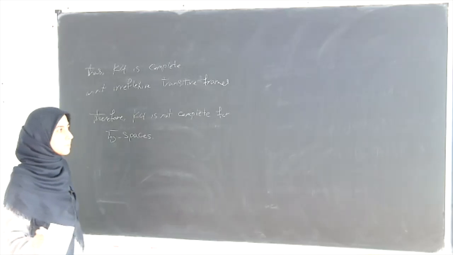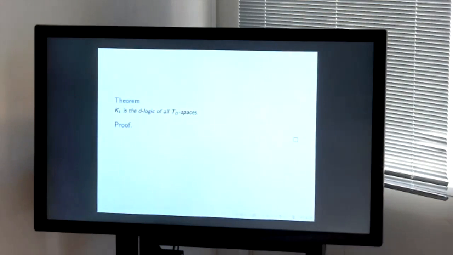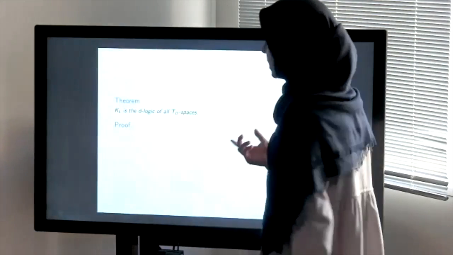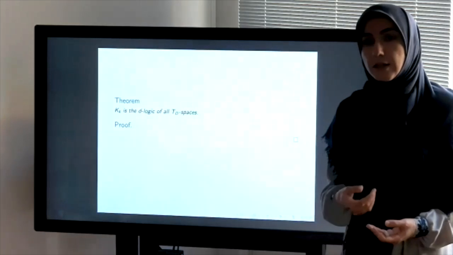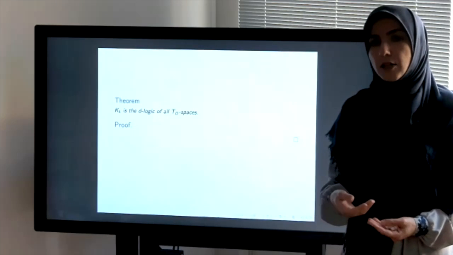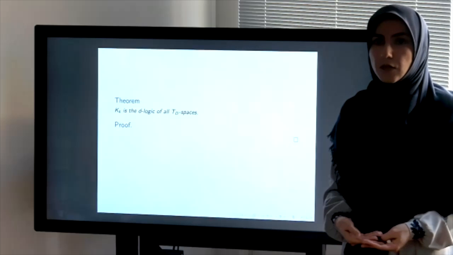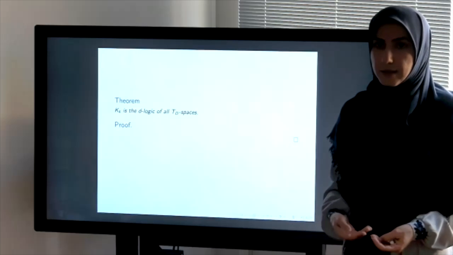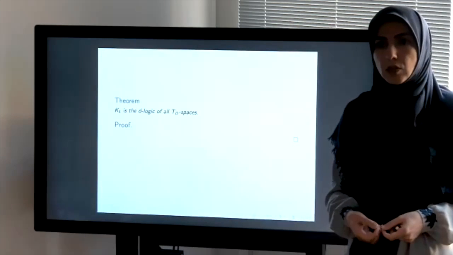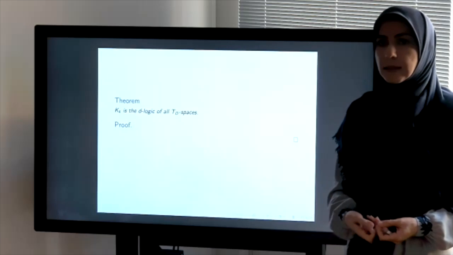You can check it easily. So to prove the completeness of K4 over the class of TD spaces, first I prove that K4 is complete with respect to irreflexive transitive frames, and then from that I can get the result for completeness of K4 over topological TD spaces. Because as I said, we can easily show that if our frame is transitive, then the topology that it makes is a TD space.